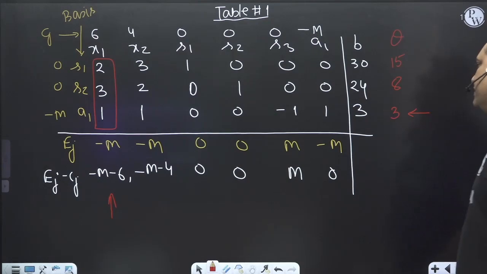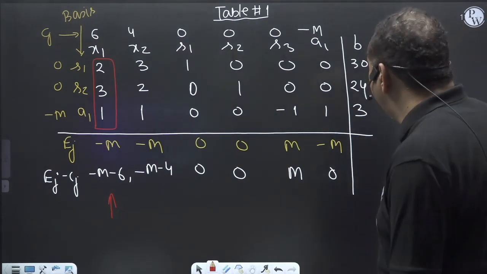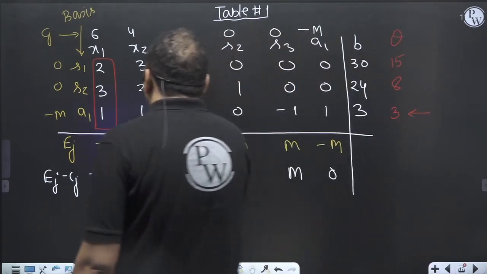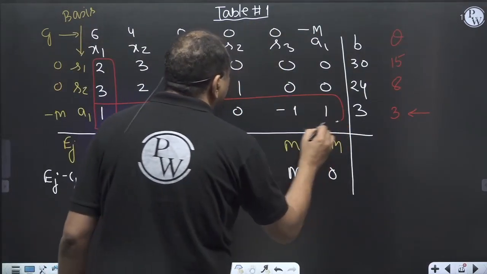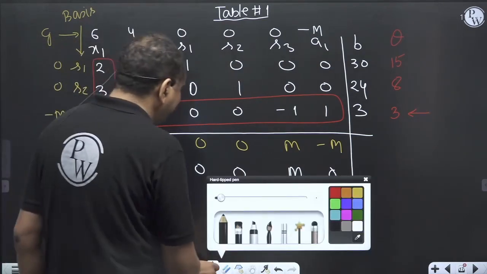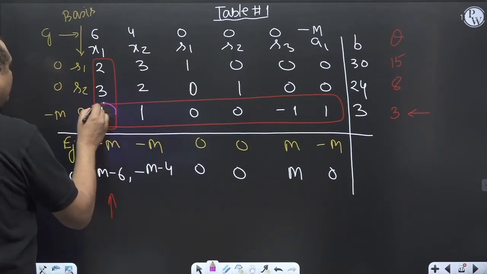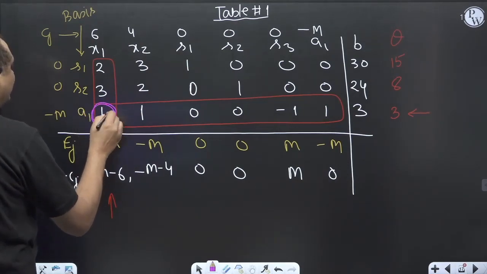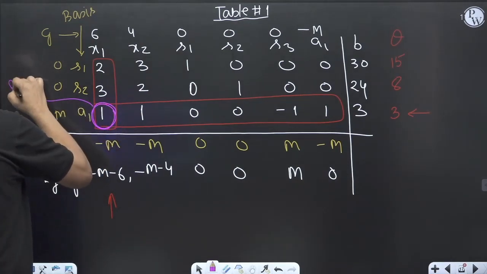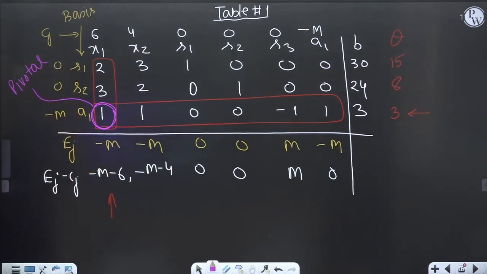I will select the minimum positive value from the theta column. So this is my leaving row, and this is the pivotal value.